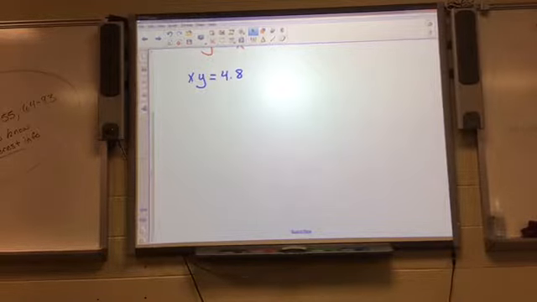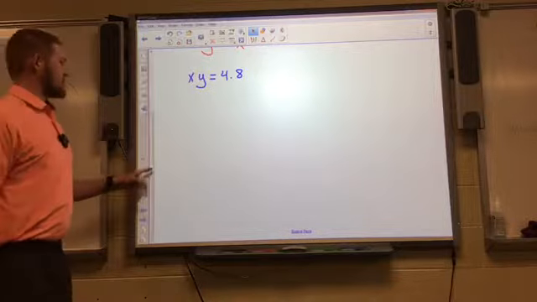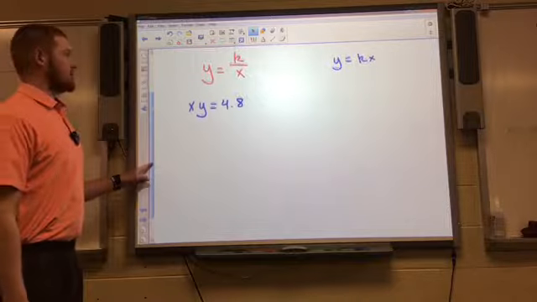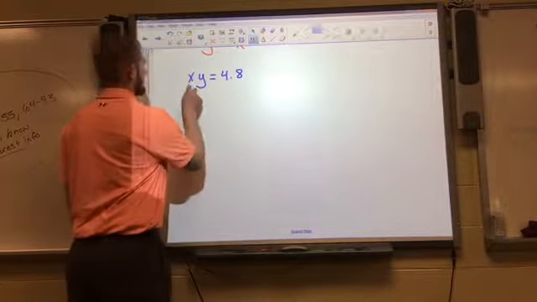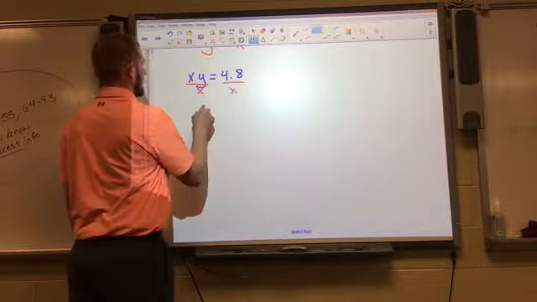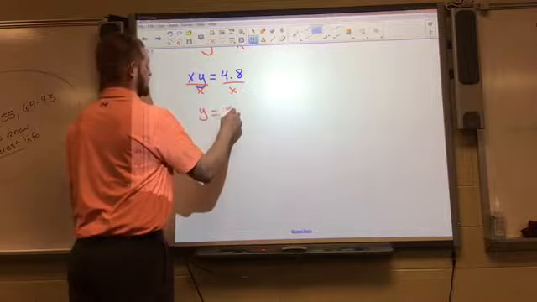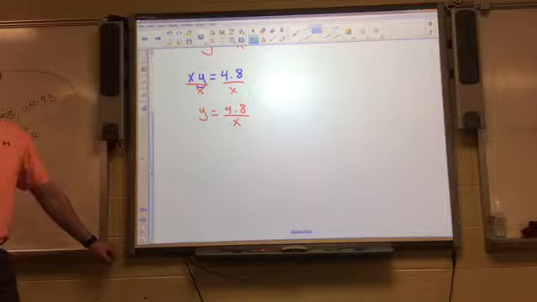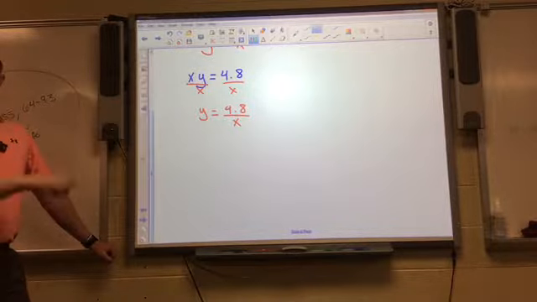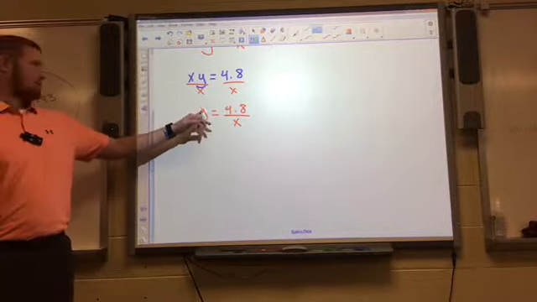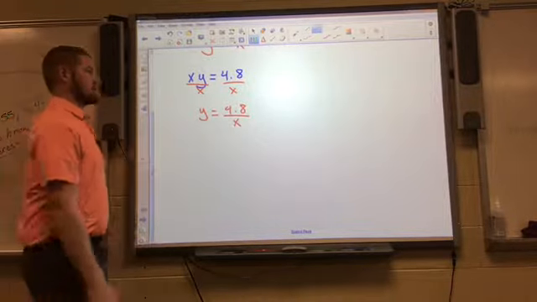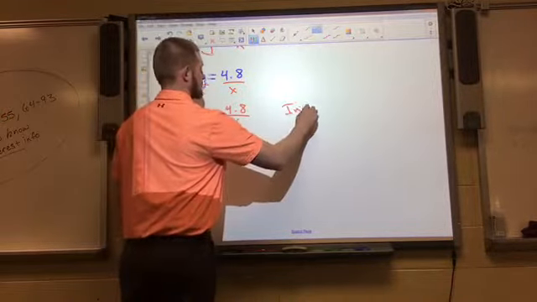Why? Do either of my equations have both variables x and y together? No. So if I divided this by x, I would have y equals 4.8 over x. That's exactly what inverse variation is, right? I have some variable equals my constant divided by another variable. So this would be inverse.